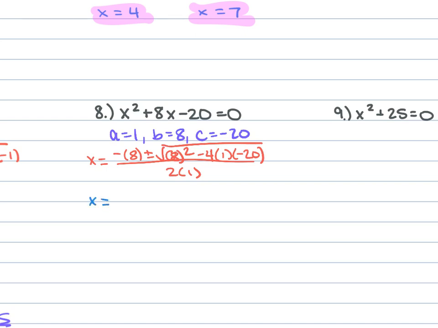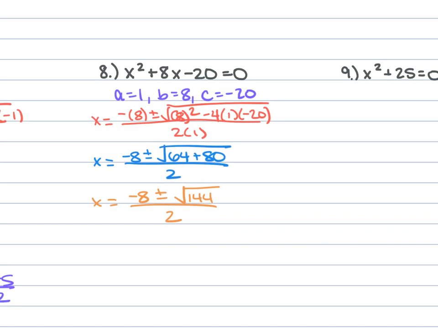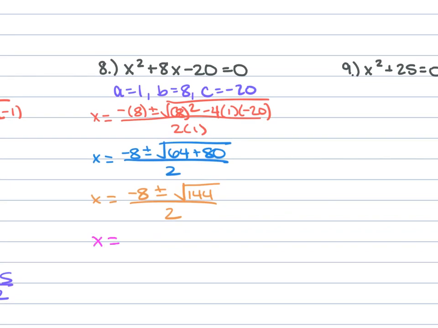So x is equal to negative 8 plus or minus the square root of 64 plus 80, which is 144, all over 2. So this is going to be x is equal to negative 8 plus or minus 12 over 2.